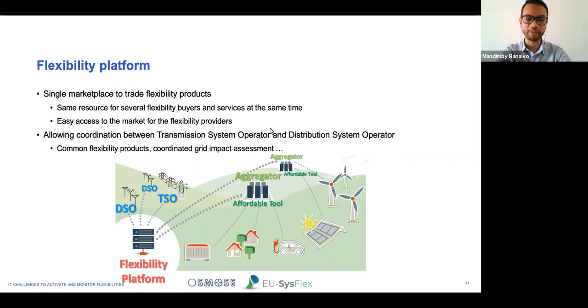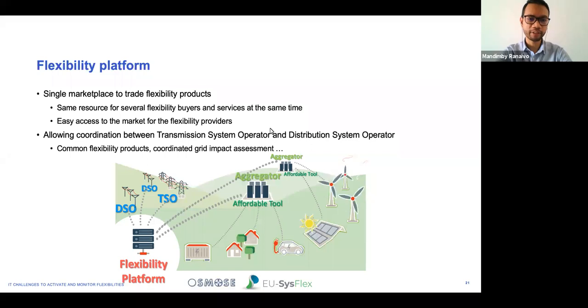As you can see in the figure below, you can see the flexibility platform in the bottom left, the flexibility buyers, represented here by the transmission system operator and distribution system operator, and on the other side the flexibility service providers, represented by the aggregators, and using the affordable tool that I will talk about later.